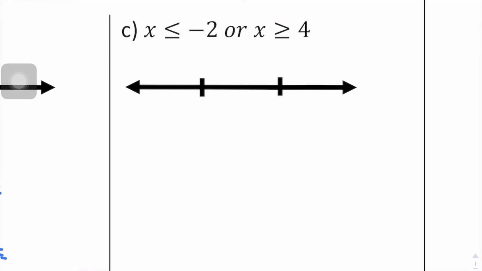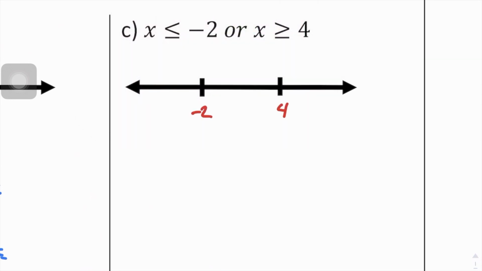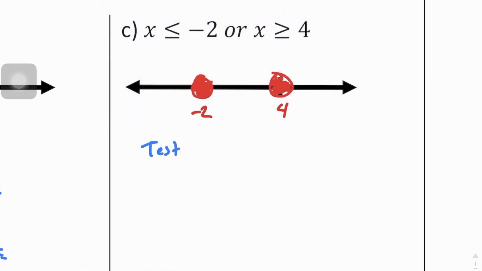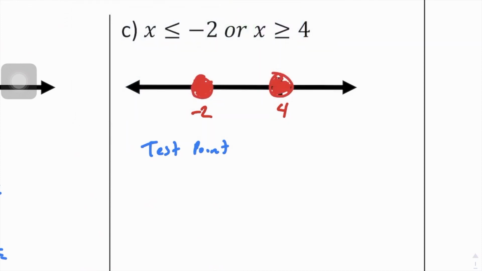Okay, for this last example, we've still got two critical points, -2 and 4. In this one, we're going to fill the circles because we've got the equal to part in there. Now we've got to check a test point. Because this is a beyond statement, an or statement, we just need to be true on one of these. Let's check a point over here. So -3, is that less than or equal to -2? That's true, so I'm going to shade in that direction.